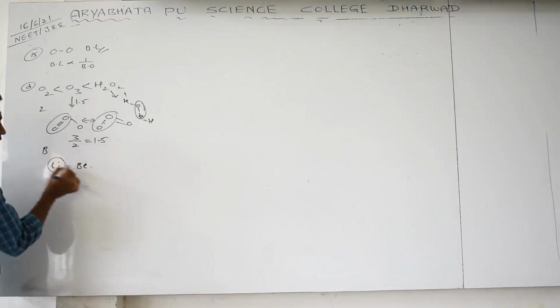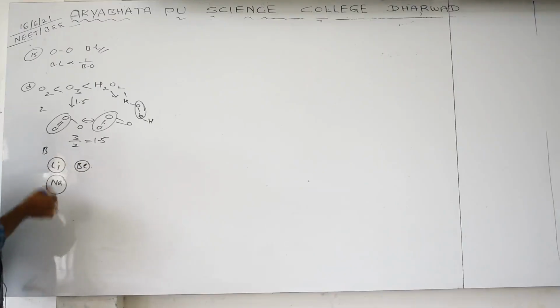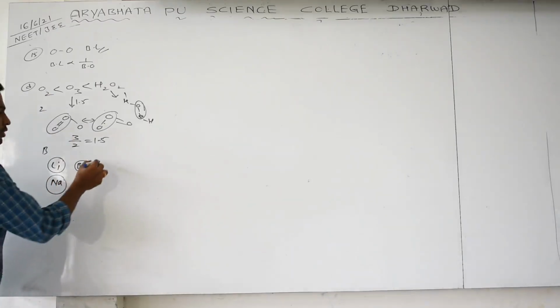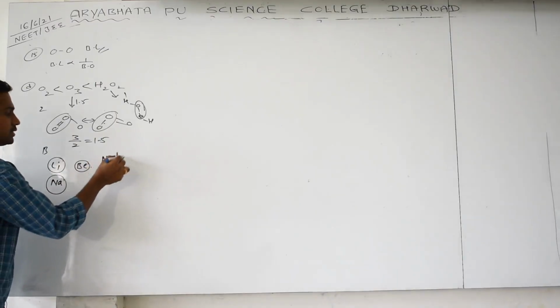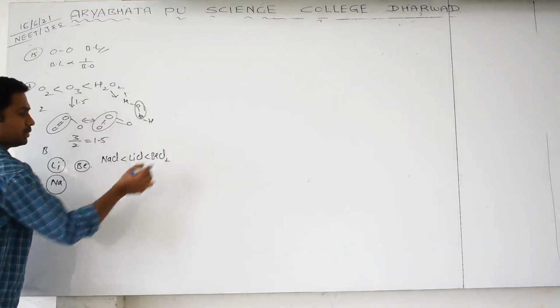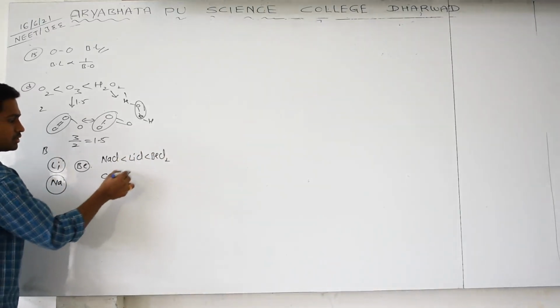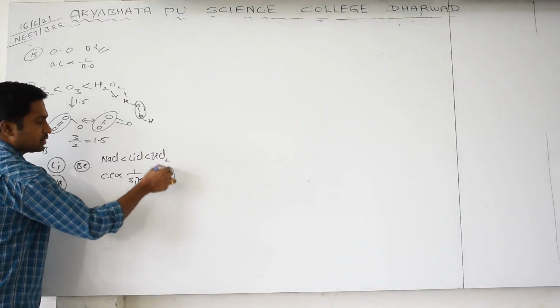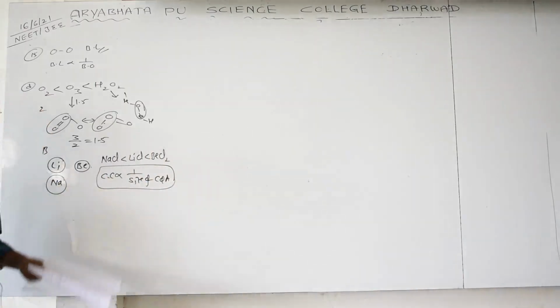Which is big size, small size? Coming down, big size. Which is very small size? Beryllium chloride. Beryllium chloride has the highest covalent character. Good question. So the least covalent character is NaCl, after that lithium chloride, and the highest is beryllium chloride, because covalent character is inversely proportional to the size of the cation as well as the anion. Is it clear?